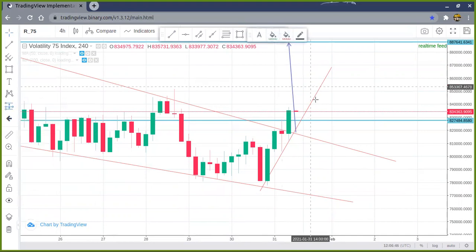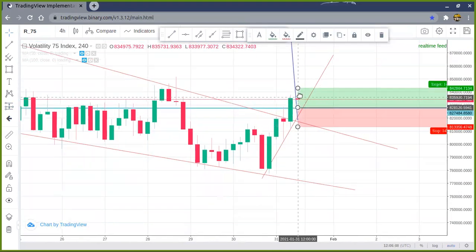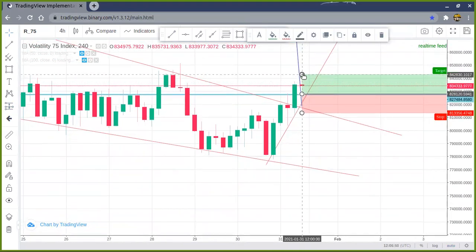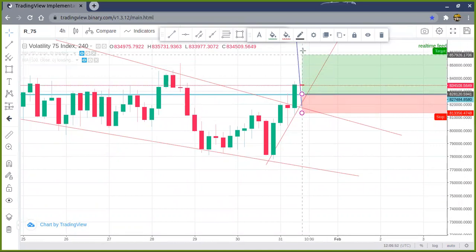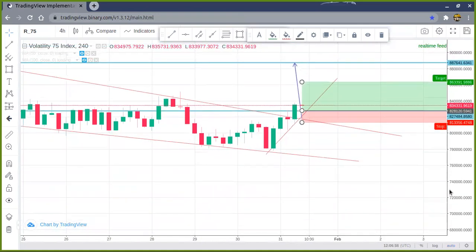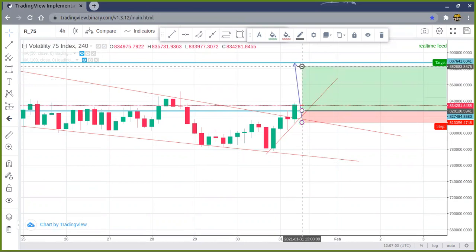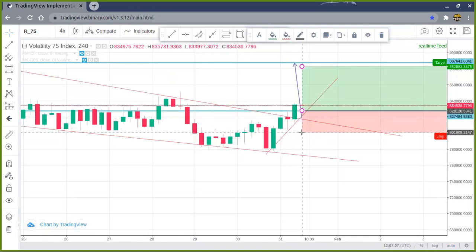Okay, so we can measure from here and take it up all the way to the trend line up here. Possibly we could take our profit somewhere here. Okay, and then our stop loss is down here.